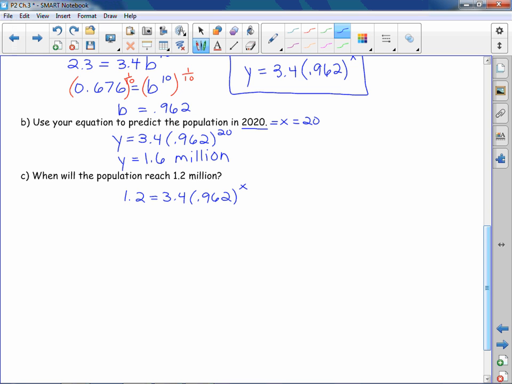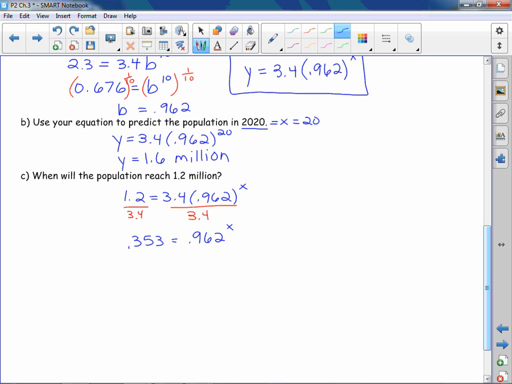The first thing you have to do to solve for x is get rid of the 3.4. So let's divide both sides by 3.4. And we get 0.353. So now we just have 0.962 to the x.